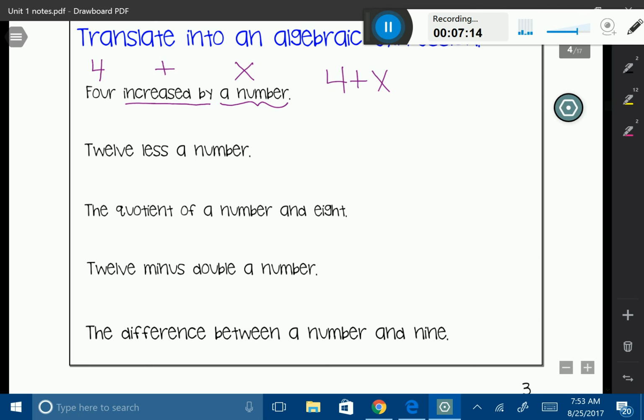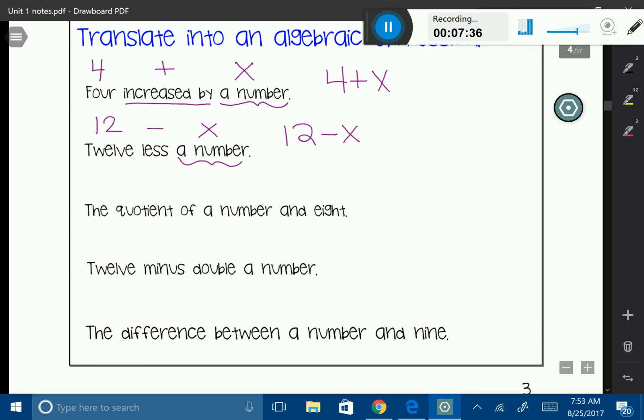Okay, the second one, 12 less a number. I'm going to go ahead and annotate: 12 less means minus, and then a number, well, let's go ahead and use x. So 12 less a number is going to be 12 with a subtraction sign and my number x.